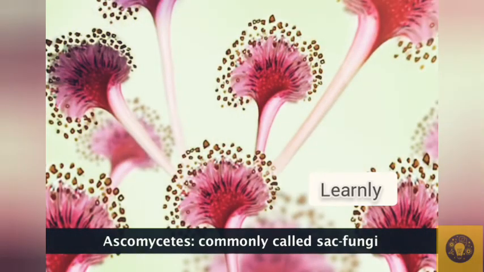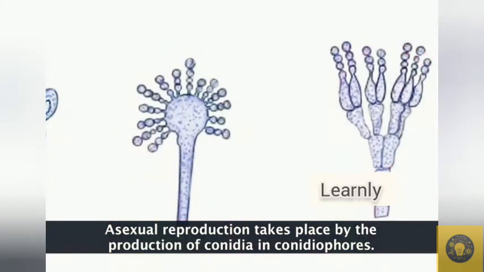These fungi can be saprophytic, parasitic, or decomposers. They are commonly called sac fungi. Asexual reproduction takes place by the production of conidia in conidiophores.